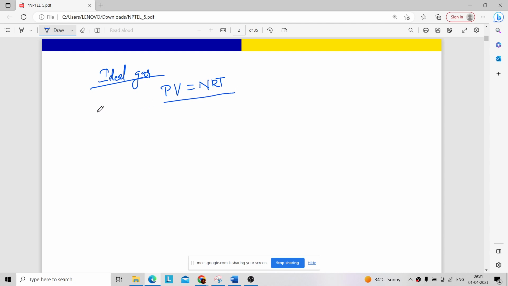But in day-to-day life, we deal with real gas. So for that, Van der Waals proposed some new kind of correction to this equation of state. Like he corrected pressure and volume.